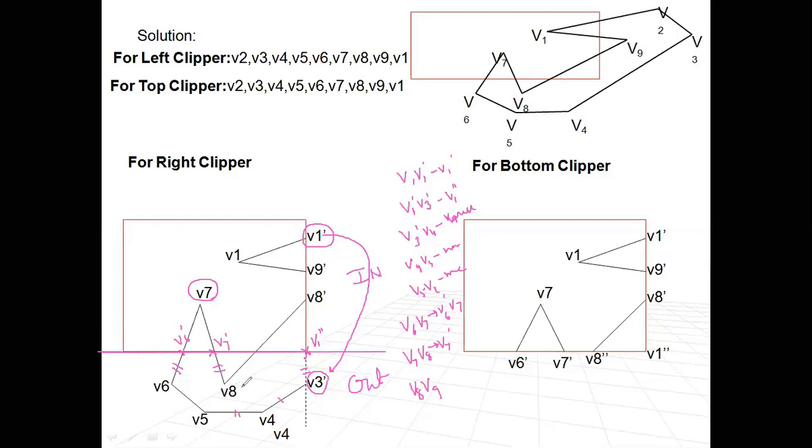Okay, so this is out and this is in. Out to in, vertex intersection V8 dash, V8 double dash. Okay, so V8 double dash will be saved.